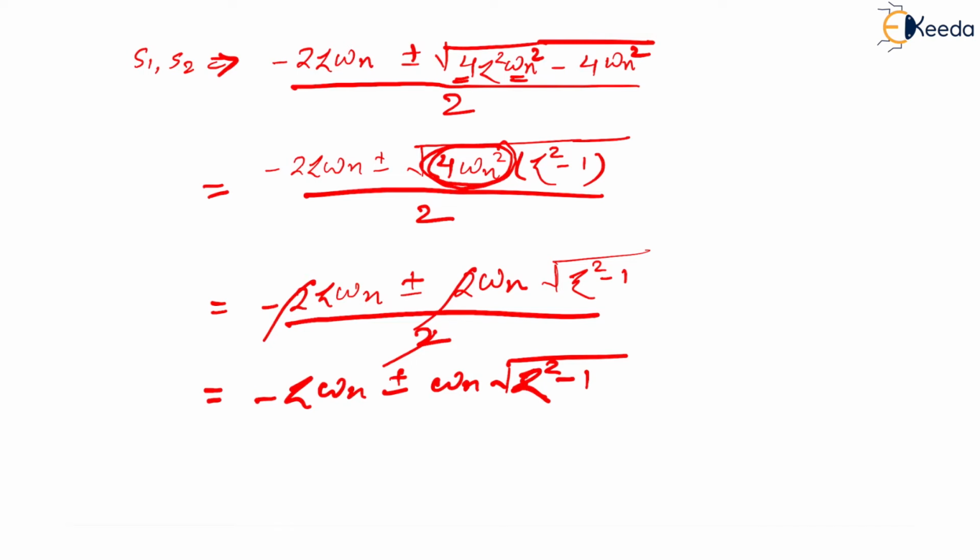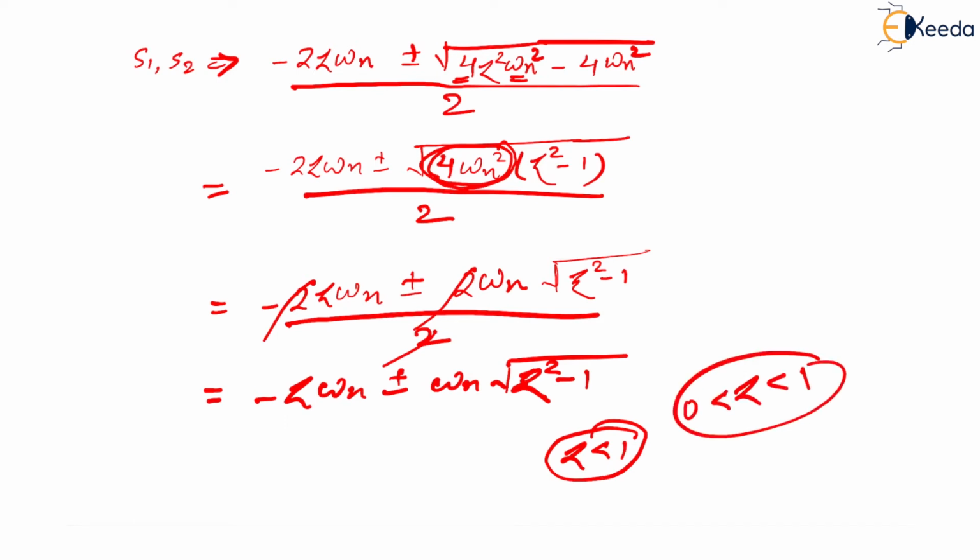Here comes the catch. Whenever your zeta lies between 0 and 1, it means zeta is going to be less than 1, or not? Yes. If zeta is less than 1, then the square of that is also less than 1.